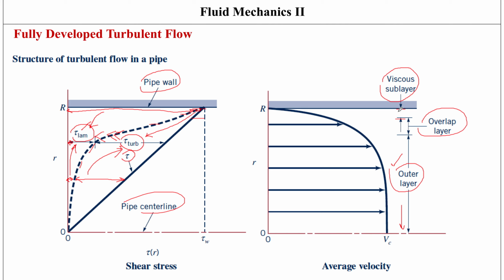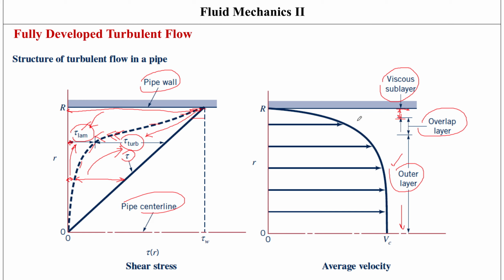The second is that this vertical scale is very distorted as well, because this is not the actual thickness of the viscous sublayer. It's actually extremely small, very, very close to the pipe wall.